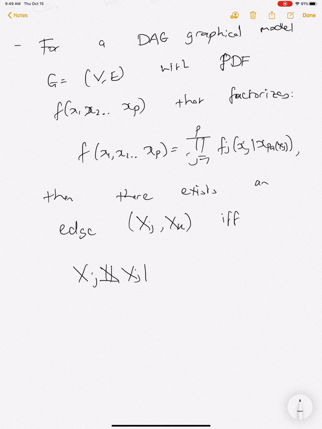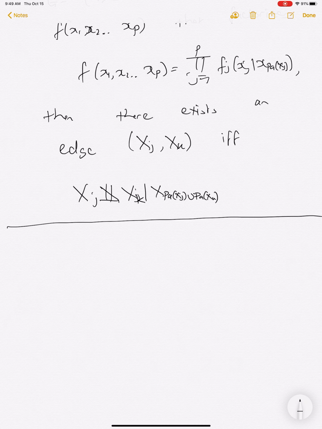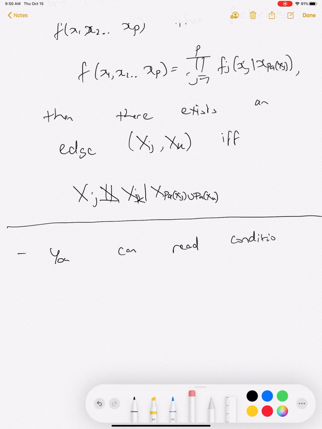Xj is not independent of xk if we condition on all the parents of xj and the parents of xk, the union of the parents of xj with the parents of xk. Okay, so this looks a little bit complicated, but what we're saying here is that you can read conditional independences, or let me say it maybe this way.